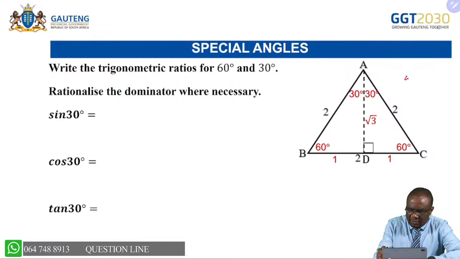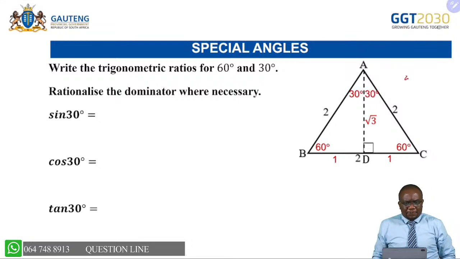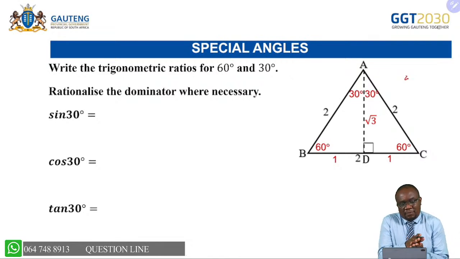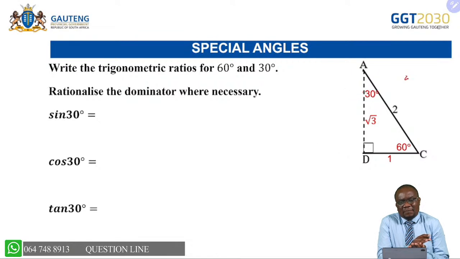Let me see if my pen is okay. Perfect. Now we can close one of the triangles and concentrate on one triangle, so that we can have our 3 trigonometric ratios. You can even use a piece of paper to cover one side like this. Then I remain with my right angle triangle. You can choose any side; even if you choose the other triangle, we're going to get the same answer.